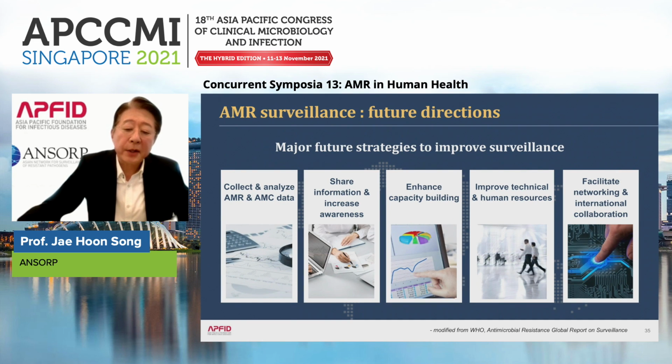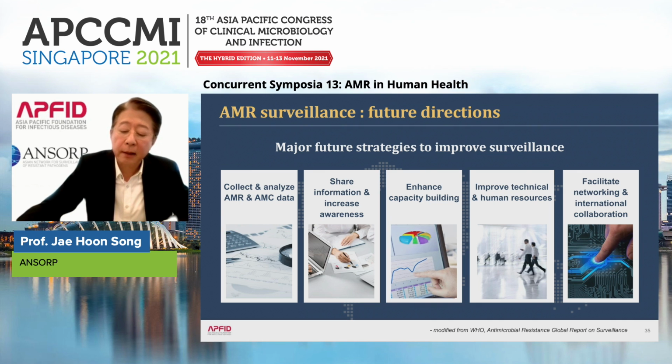These 5 major strategies to improve the surveillance were recommended by WHO. We have to collect and analyze not just AMR data, but also AMC data together. We have to share information and increase the awareness of AMR. We need to enhance the capacity building, such as establishing competent reference labs and national networks.